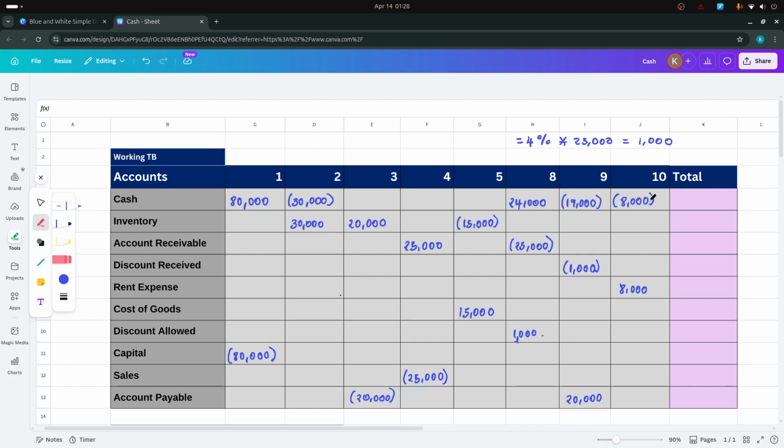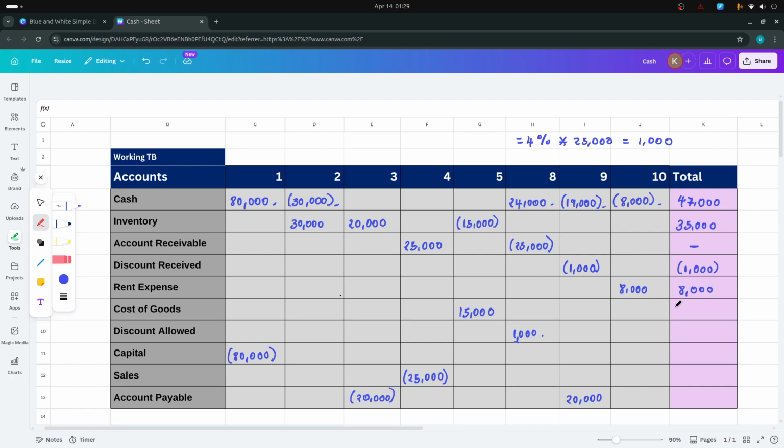Okay, now let us look at the balances here. So 80,000 minus 30,000 plus 20 minus 19, then minus 8,000 will give us 47,000. Then we have 30,000 plus 20 minus 15 will give us 35,000. Then 25 minus 25 is going to give us a 0 balance. Discount received, we have a credit amount of 1,000. For rent expense, we have an account balance of 8,000.